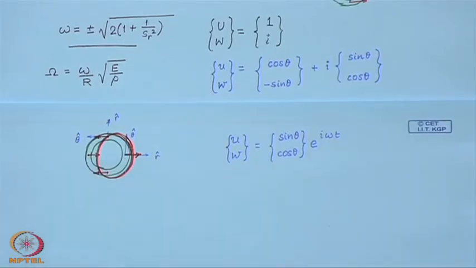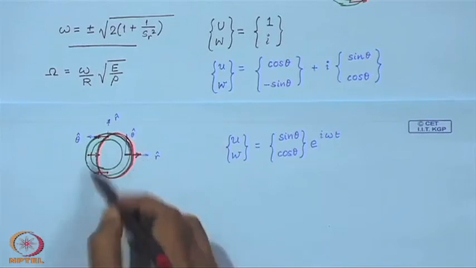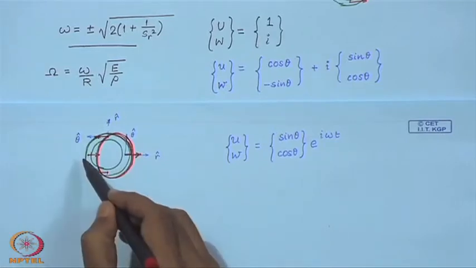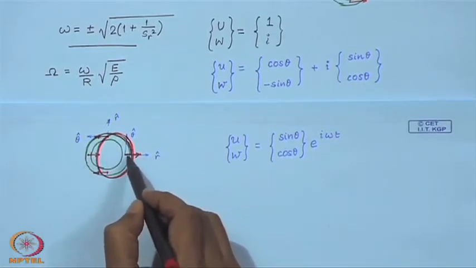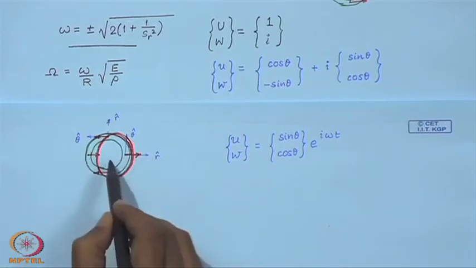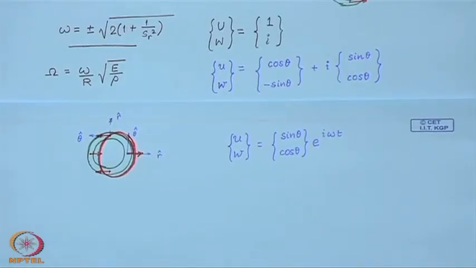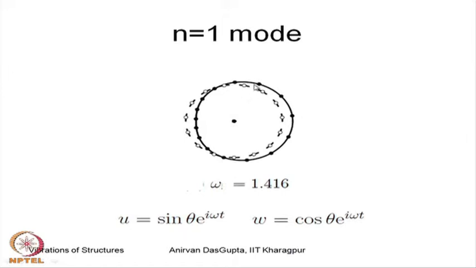It seems that the geometric center has shifted, but actually the center of gravity of the ring is not shifting because of a combination of radial and circumferential motion. So, the particles are actually moving in this direction circumferentially, while radial motion is like this. So, we will look at this figure once again now. Here you can see this is the undeformed ring, and I have drawn these empty circles to indicate the particles before deformation, and these filled circles are these material points after deformation.